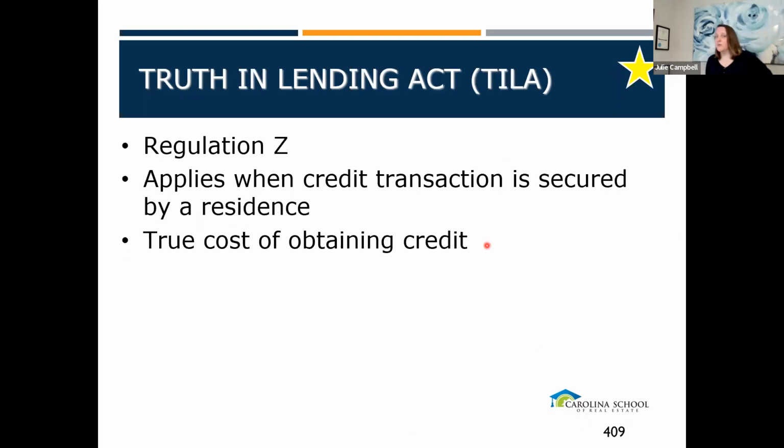TILA informs the consumer about the cost to obtain the loan. TILA is also known as Regulation Z. Yes, you need to know that TILA is also known as Regulation Z. I would write TILA equals Regulation Z.